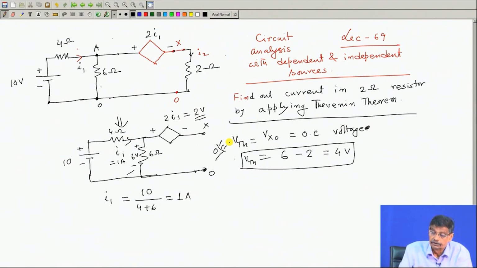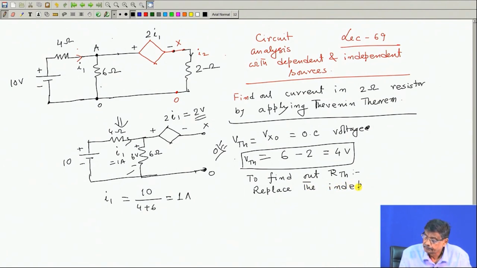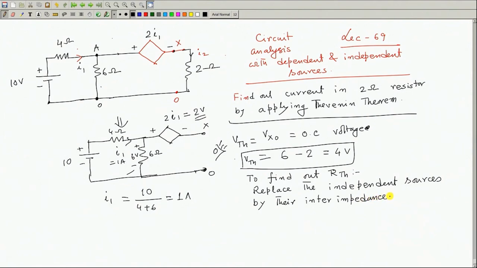But in case both dependent and independent sources are present, to find R Thevenin's across x and O, this point is important: replace the independent sources by their internal impedances, if any.